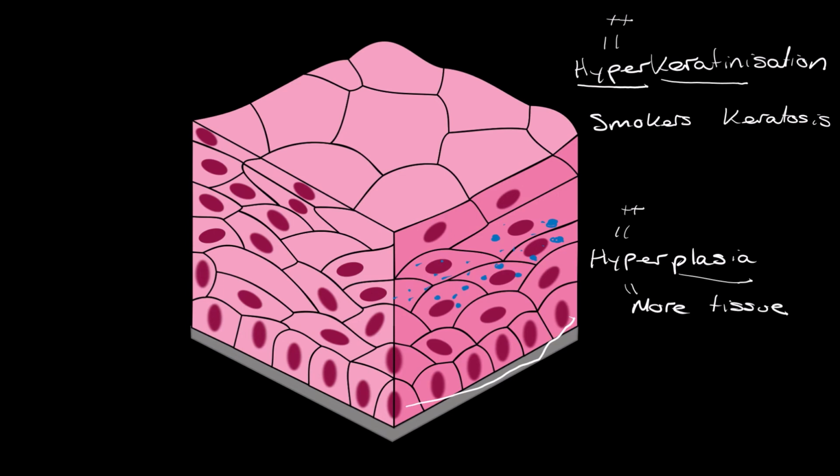And where you see this extra tissue forming in a histological sense, so under the microscope, is in the second layer, which we call either the prickle cell layer or stratum spinosum. So that already forms the bulk of the stratified epithelium. But in hyperplasia, we see many more and bigger cells in this area, which therefore pushes everything else up, and you end up with a much thicker piece of tissue than you started with.